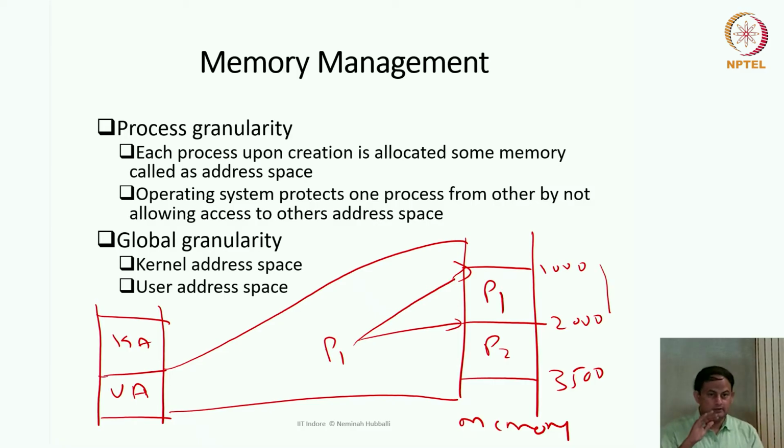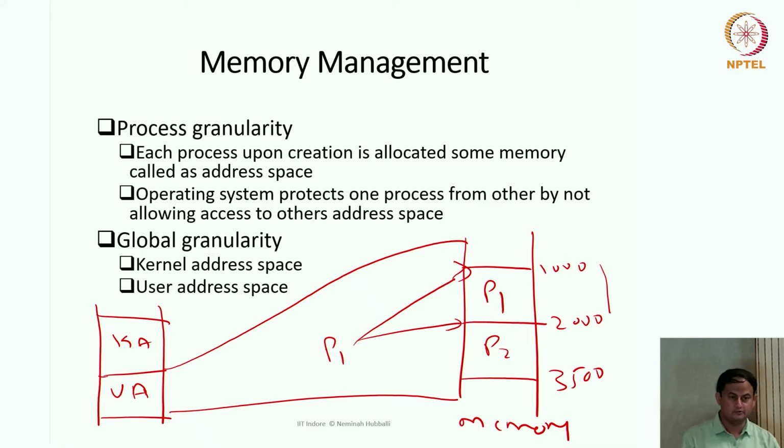Every time a memory reference is made, the first thing the memory management unit or the operating system checks is whether that is falling within the kernel address space or the user address space. If the process is a user process, then the reference has to fall within the user address space, and once that check is done, the second level check is whether this is falling within the address space allocated to that particular process.